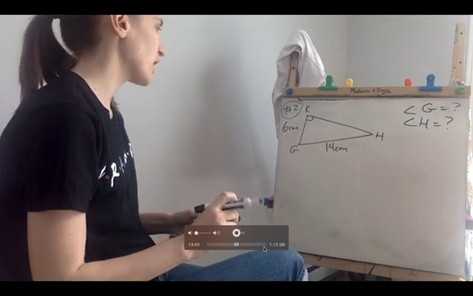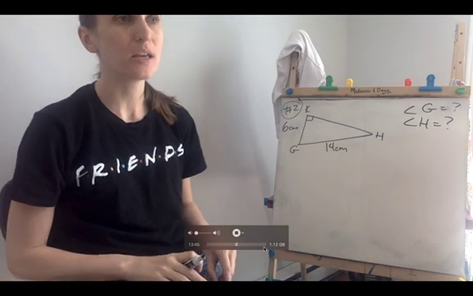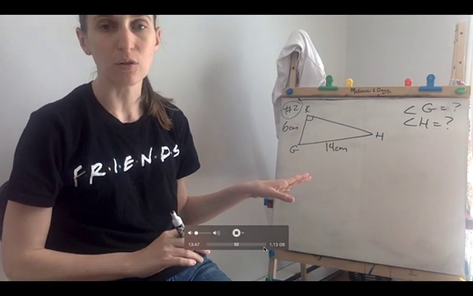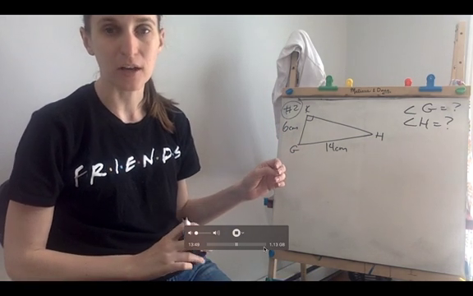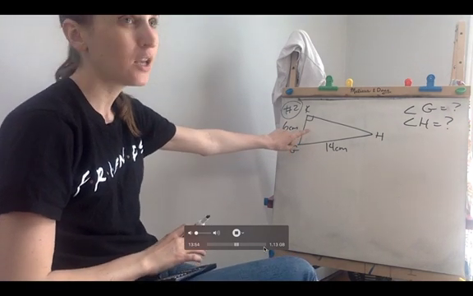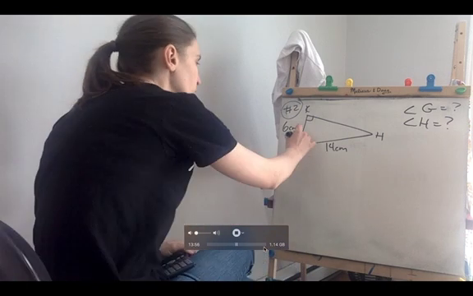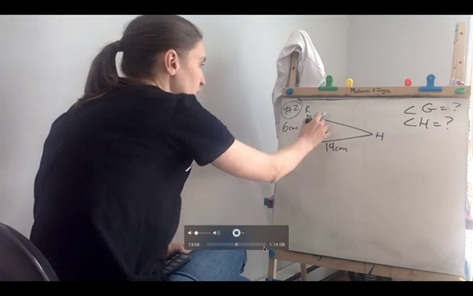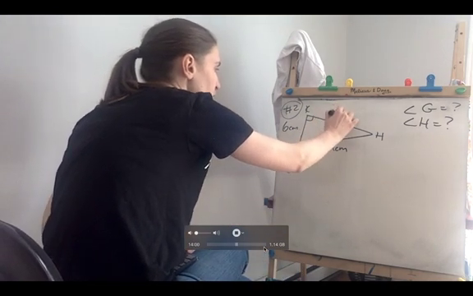Going through those steps that I discussed, the first thing you need to do is label your triangle based on the angle that you're trying to find. Let's assume we're trying to find angle G first. So if this is G, going directly across, that would be the opposite.